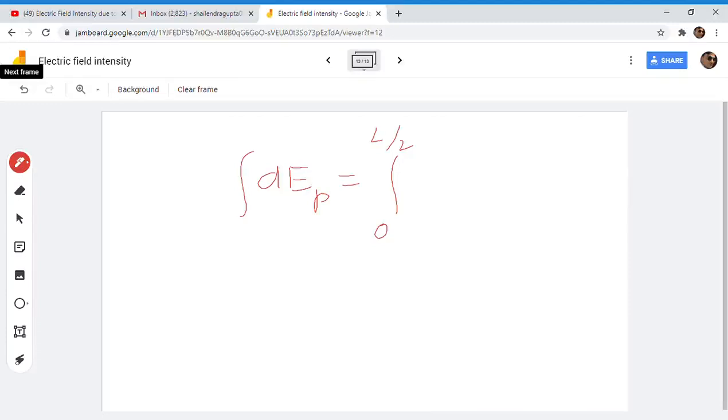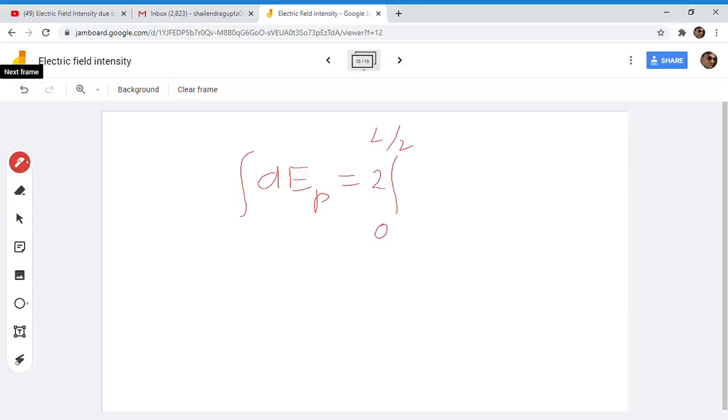First we were integrating from 0 to infinity. Now we are integrating from 0 to L by 2. So this will become 2, the 2 will come out because there is symmetry around the xy plane.